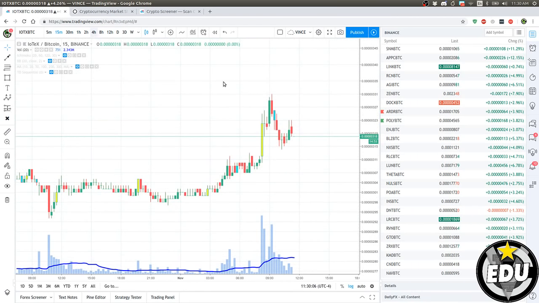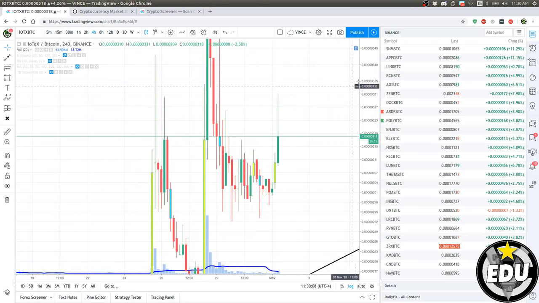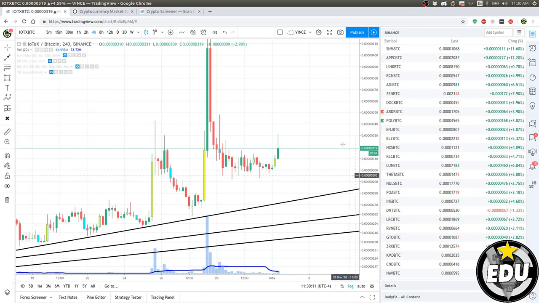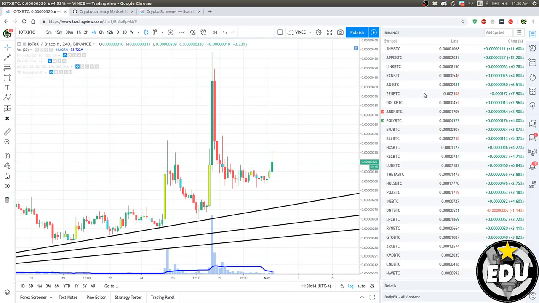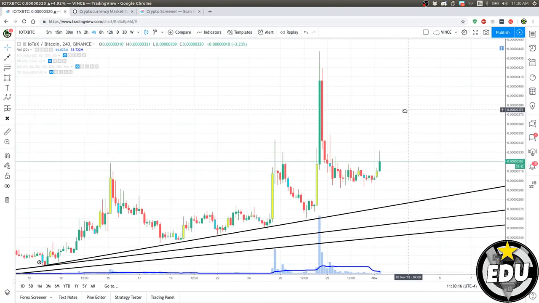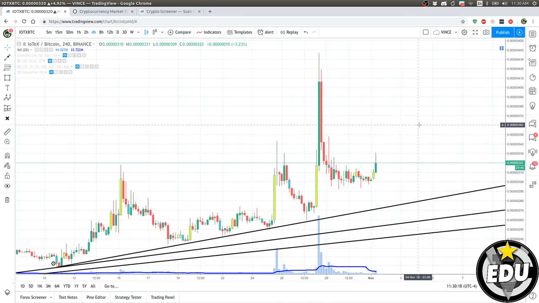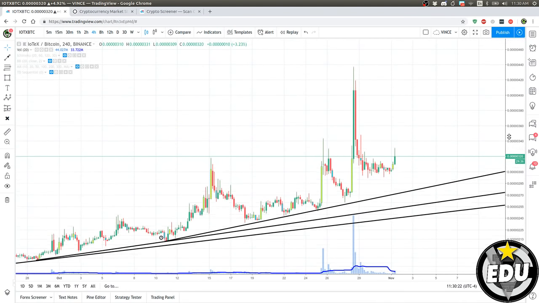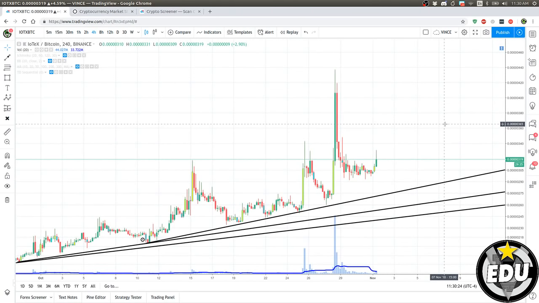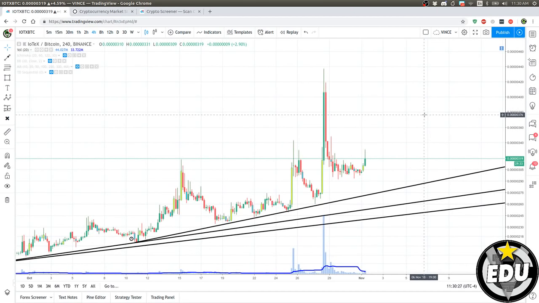Okay. So with this coin, it's always important to consider the overall uptrend of the coin, even though we're scalping on 5 minutes. So having a look at the 4-hour chart is for sure important.